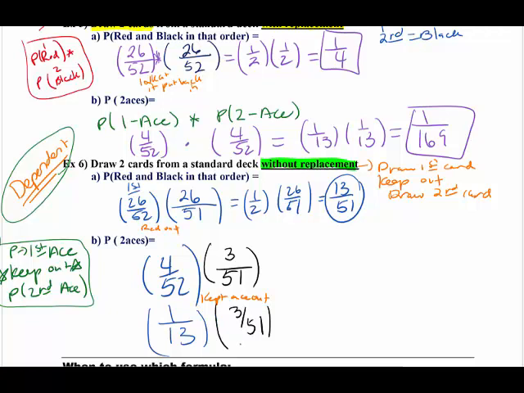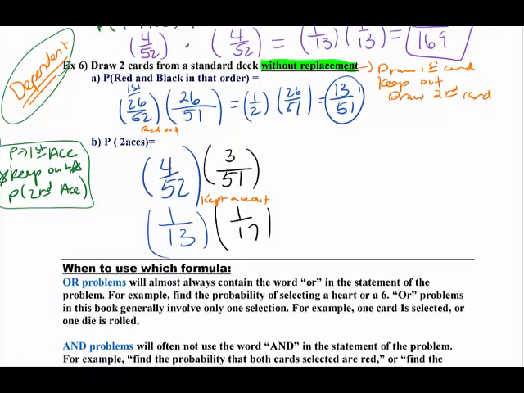Again, multiply that piece out, which actually the 3 over 51 simplifies. If you saw that already, you could do it. If you didn't, your calculator will do this, but this is where it's very helpful to watch the TI-30XS calculator videos that I have in Canvas. It will show you how to enter it into your calculator and how to let it simplify it for you. So your answer here should be 1 over 221.